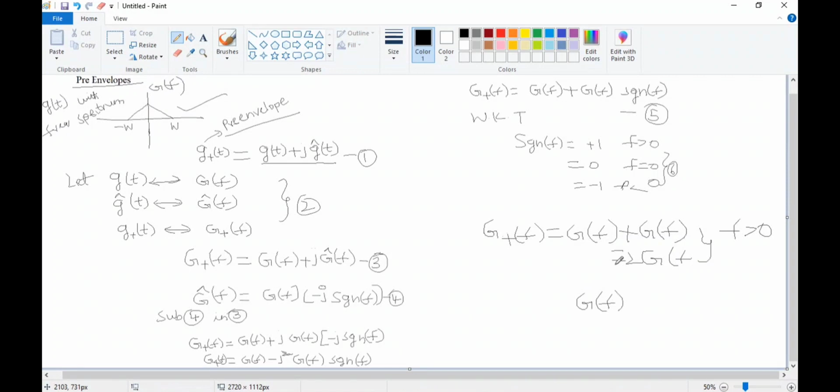So in place of f, I can directly substitute 0. So G of 0 plus G of f into 0.